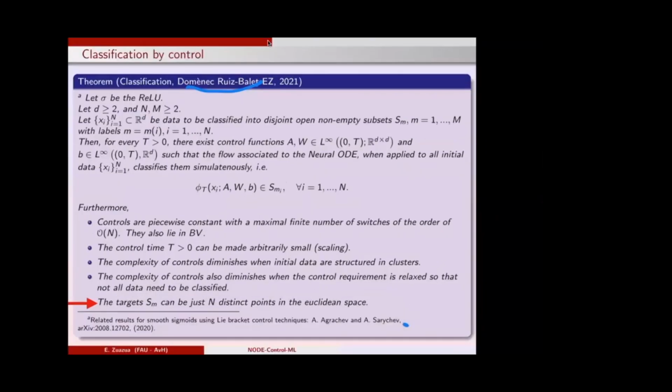There is also an independent paper by Agrachev and Sarychev that I recommend, where they use Lie bracket techniques to prove similar results. Of course, because they use Lie bracket techniques, they need the sigmoid to be smooth. But this is not so relevant after all, because in the proof we have done with Dominic, I have shown you the proof for the ReLU.